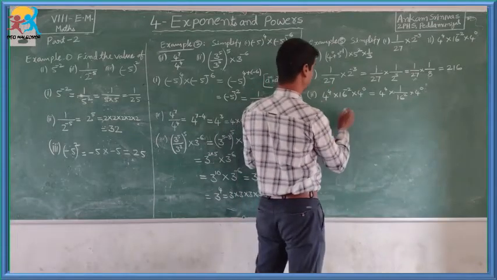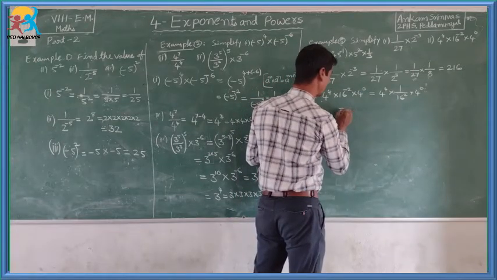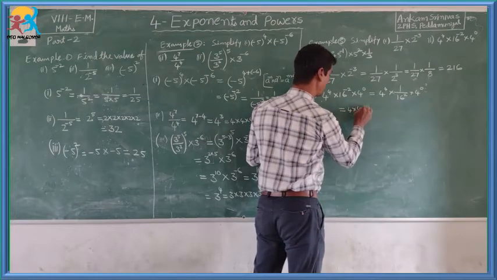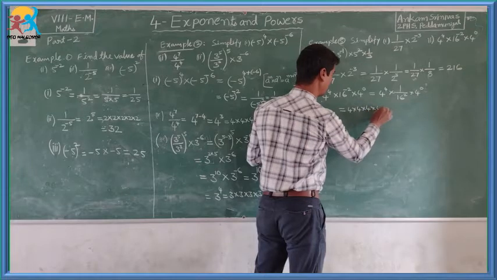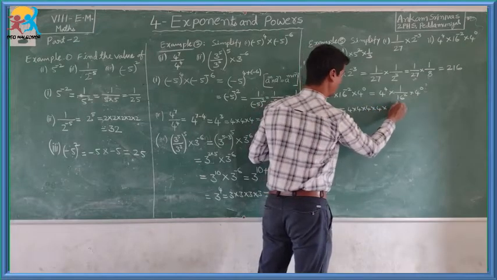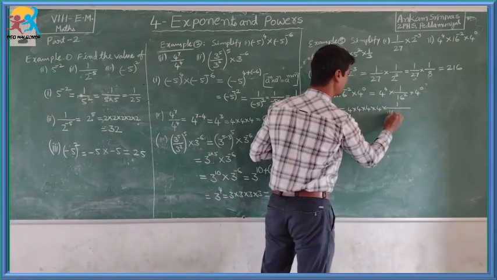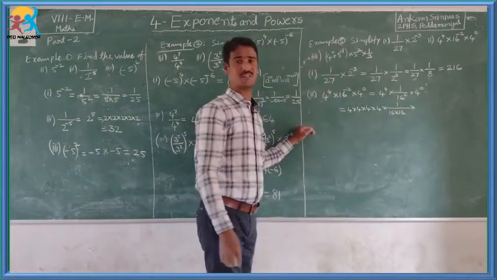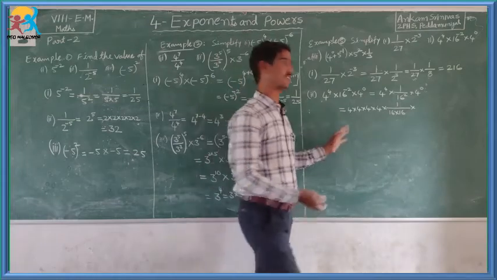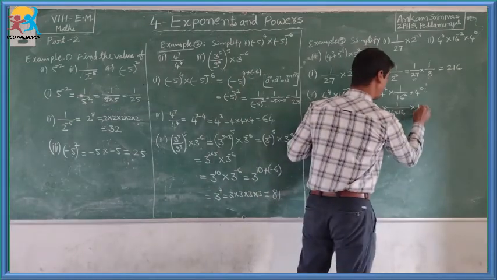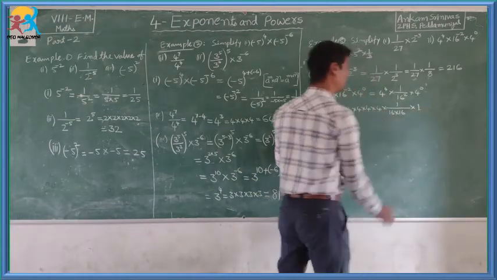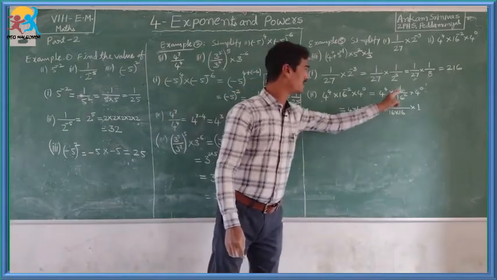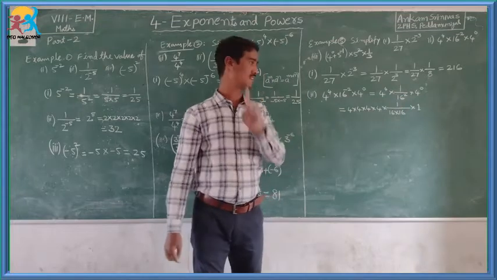Next, here 4 power 4 means 4 into 4 into 4 into 4, into 1 by 16 square, which means 16 into 16, into 4 power 0. We know that a power 0 equals 1, for a non-zero base with exponent 0, it becomes 1.